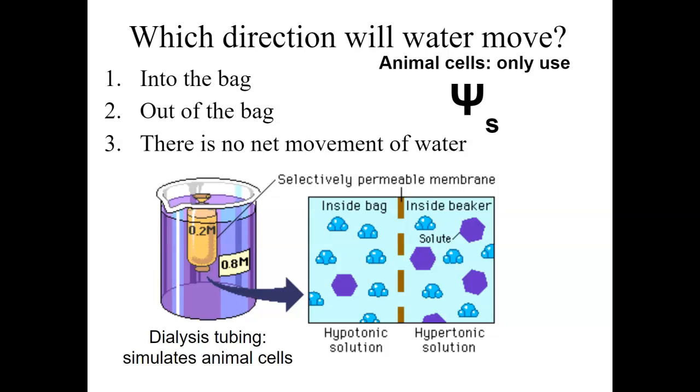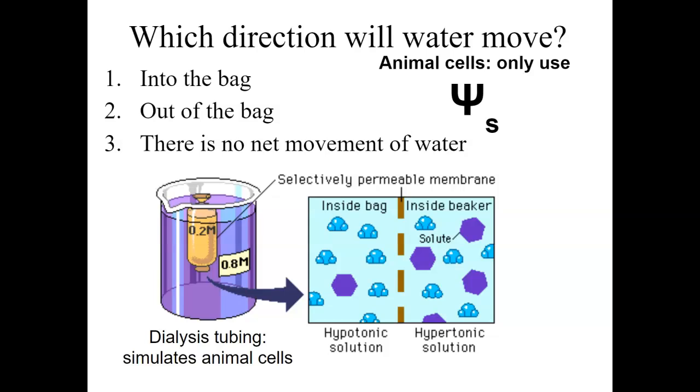Our dialysis tubing was our fake animal cell, and we predicted the movement of water. In our lab, not only did we predict it, but we measured the mass of the bag of dialysis tubing both before and after a 30-minute wait period, and then we used the differences in mass to determine if in fact we did predict the direction of water movement correctly.